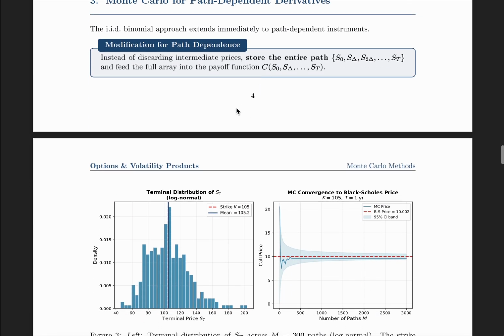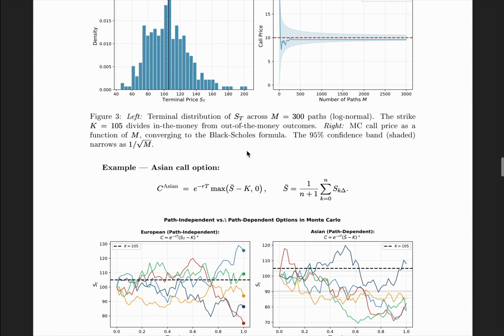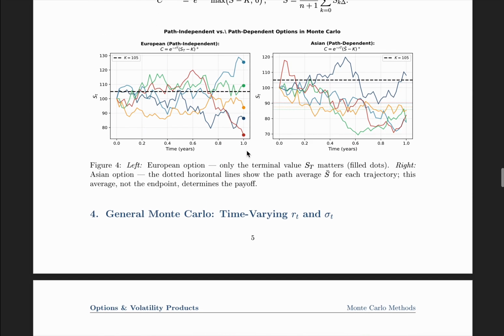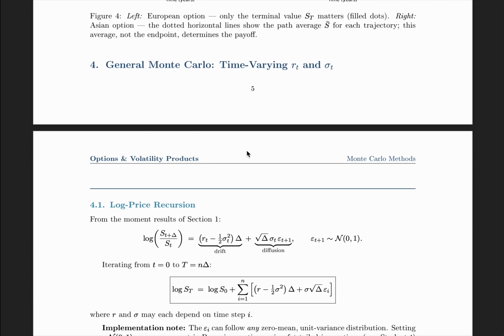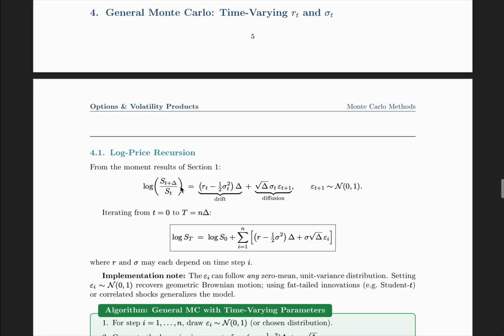And then we'll skip over some of this because this is for the path dependent derivatives, but later on we'll realize that it's very similar comparing the path dependent and path independent. As we saw before, the log return has a mean of r minus 1/2 sigma squared.